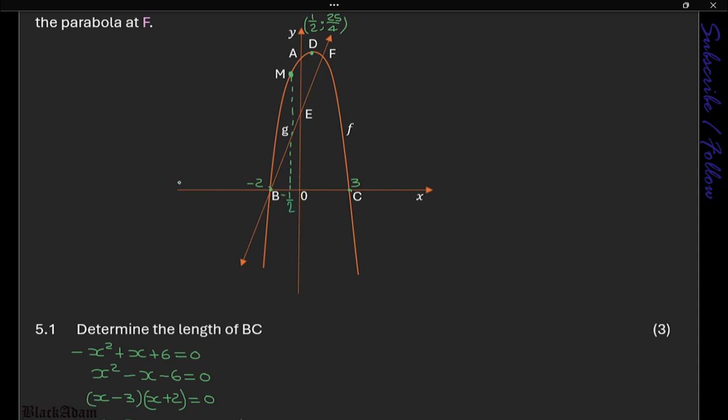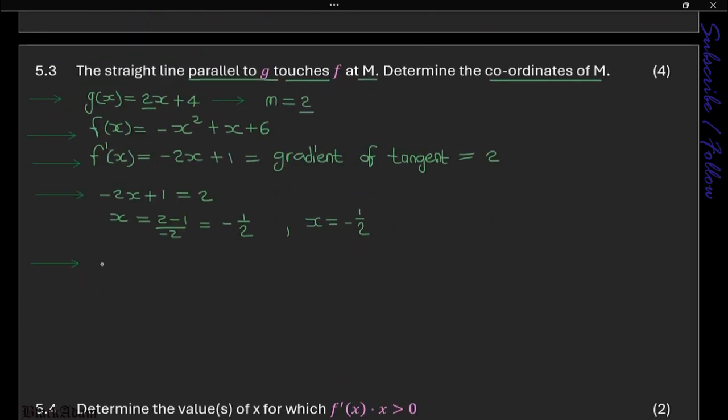Now we need to know the y value at M. To know the y value, we just substitute into the original equation: negative half squared, negative, plus negative half, plus 6.